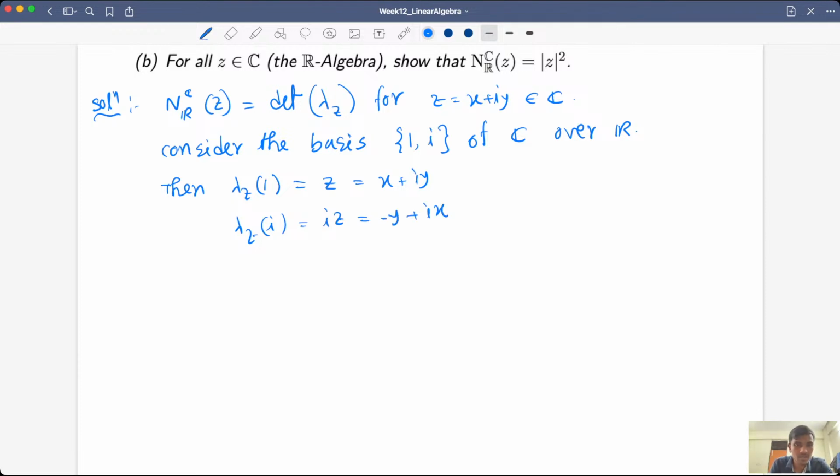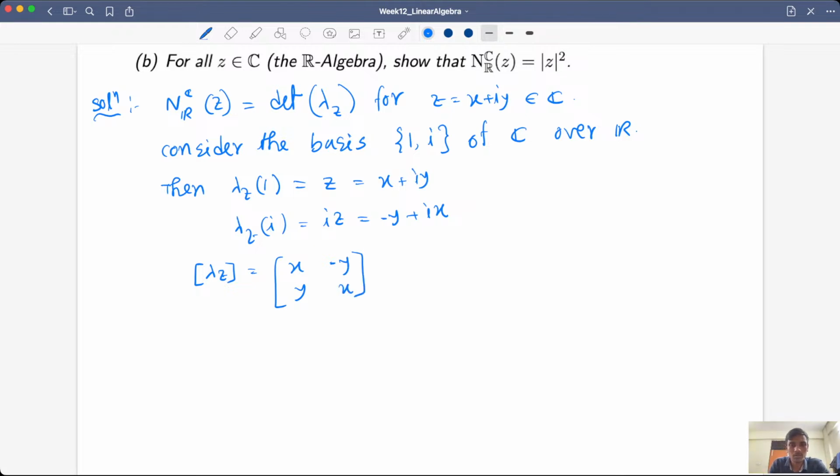So the matrix of this lambda z is, writing in columns, the first column x, y and the second column minus y, x, right?